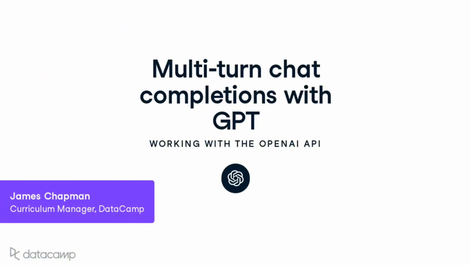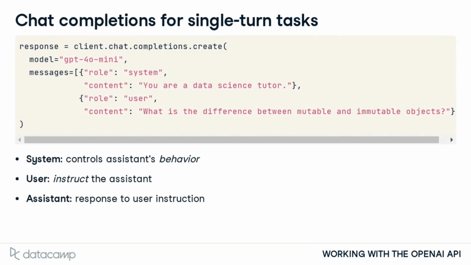Great work so far. In this video, we'll begin to unleash the full potential of chat models by creating multi-turn conversations. Recall that messages are sent to the chat completions endpoint as a list of dictionaries, where each dictionary provides content to a specific role from either system, user, or assistant.